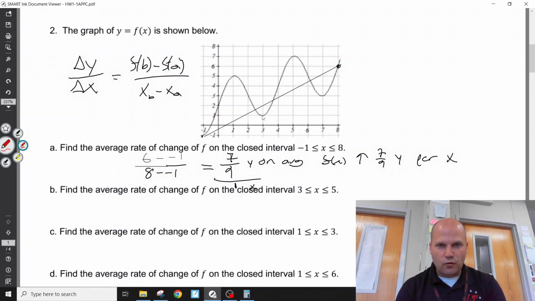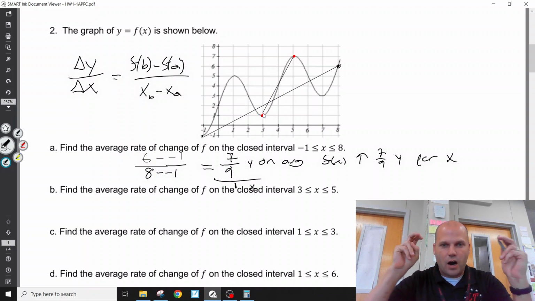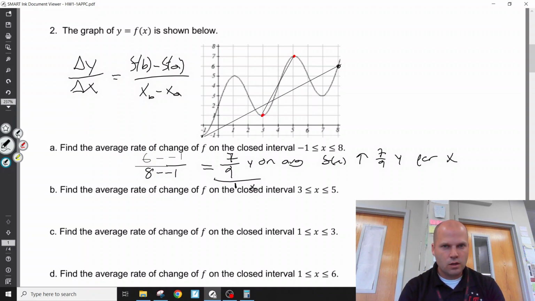From 3 to 5, this is a shorter interval, so we have a better understanding of what's going on with our function. We could see maybe we're slowly increasing faster than increasing less. We can find on average how quickly we're changing by finding the slope of that line. y2 minus y1 over x2 minus x1, or changing my y's increased from 1 to 7, so I went up 6.